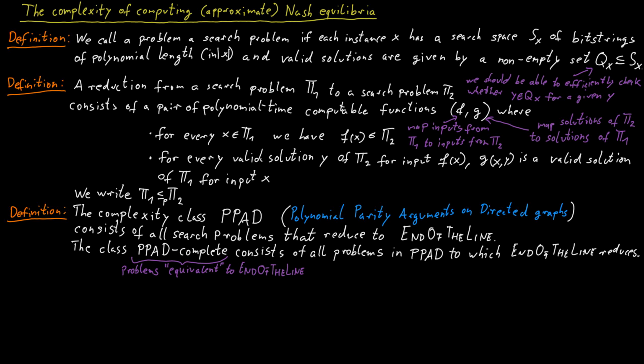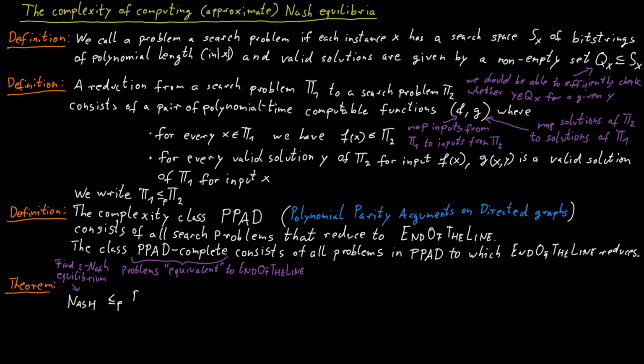And here comes the big result now. I'm not going to fully prove this, I'm just going to state it and give you some vague intuitions about parts of these arguments, but not all of them. So the big realization here is that this problem Nash, the problem of finding an epsilon Nash equilibrium, is a search problem, because we know these epsilon Nash equilibria exist, it's just a question of finding them.